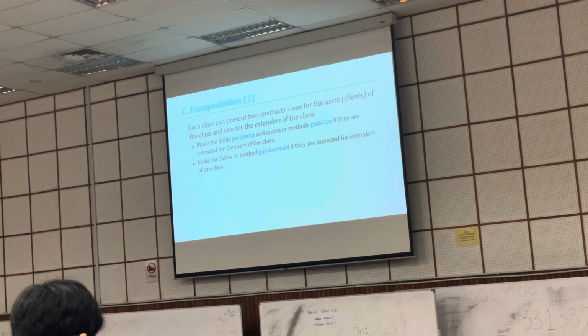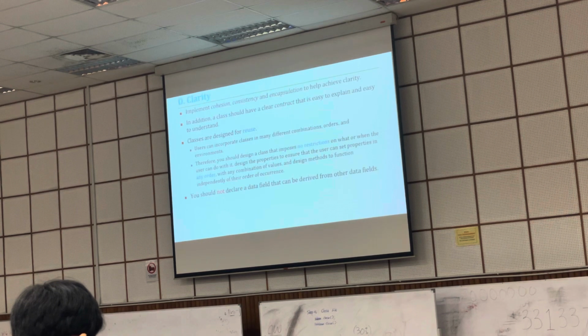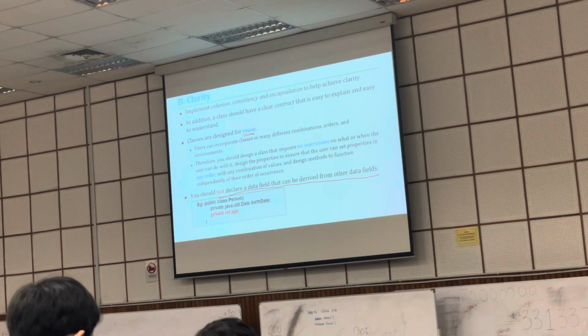You also can go for protected. Clarity: it can be reused. And another one also: you should not declare a data field that can be derived from other data fields. Example, if you already have a birthday, you also want to put another data called age.